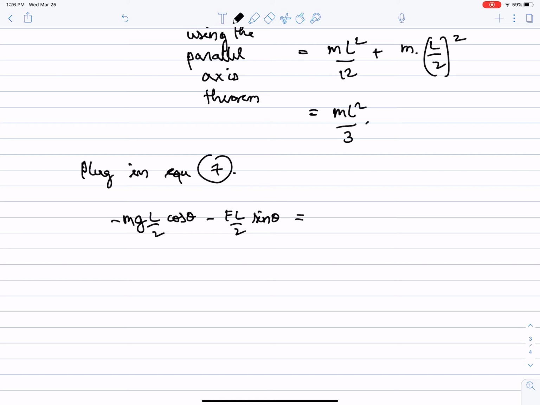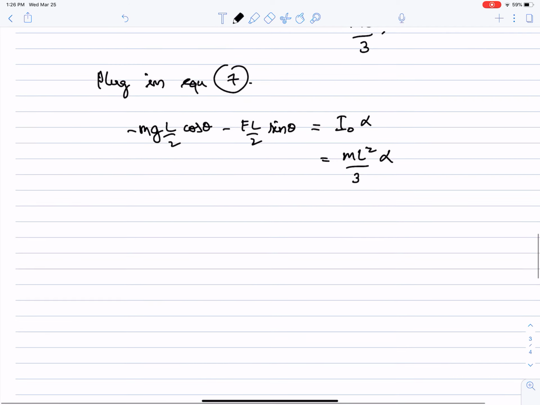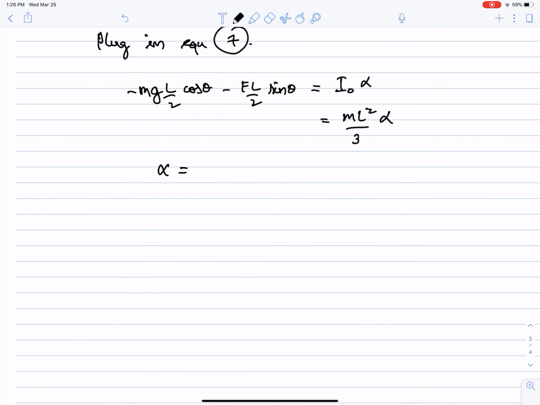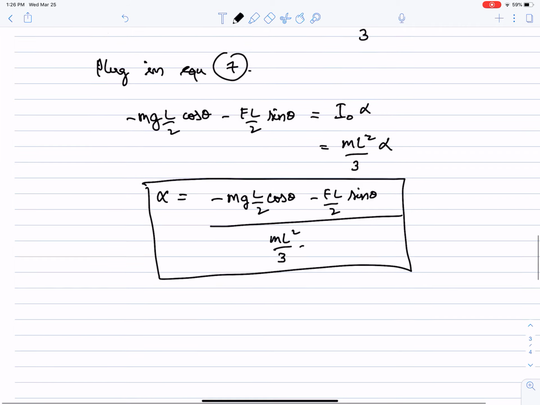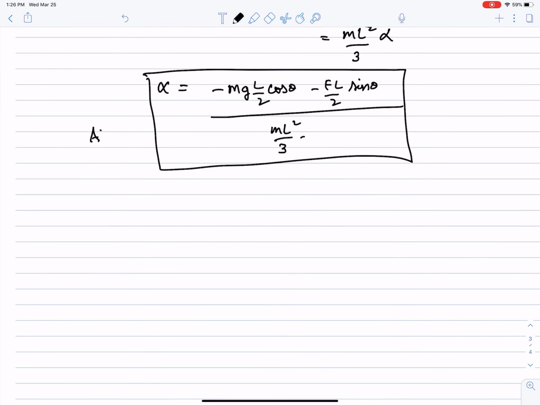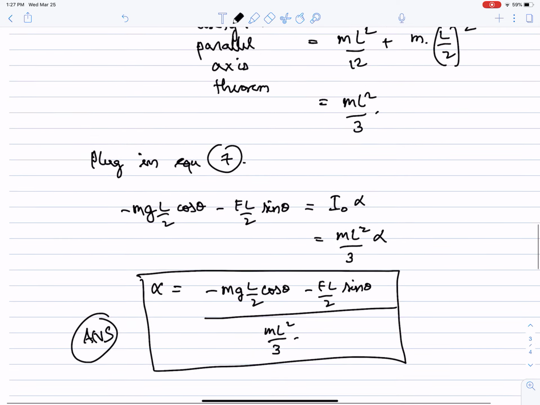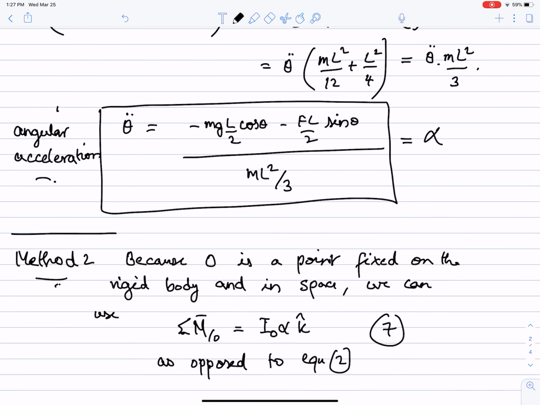Equals I_O alpha, which is m L squared by 3 alpha. So alpha equals this whole thing, mg L over 2 cosine theta minus F L over 2 sine theta divided by m L squared over 3. Okay, and that's the exact same answer that we got here.